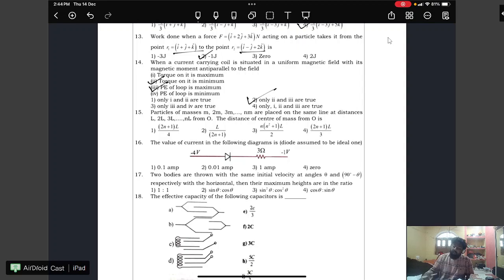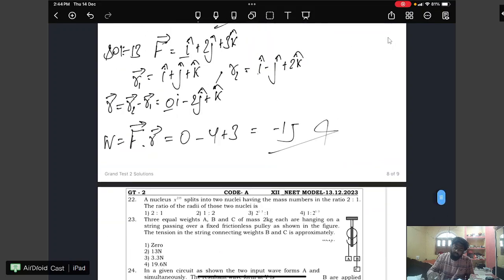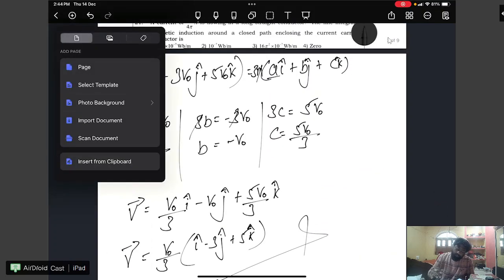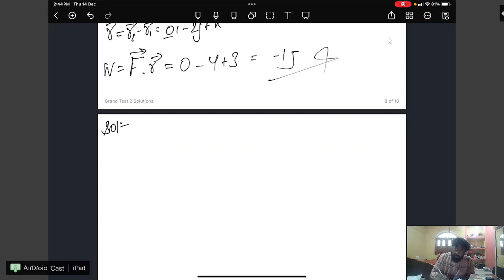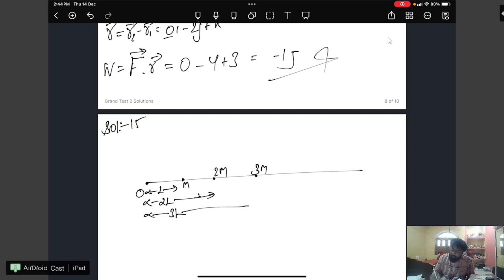The distance of the center of mass from O is... Here the origin is there, at L distance is mass m, at 2L distance is 2m mass, at 3L distance is 3m mass from the origin, and so on up to n into m, which is at a distance n into L.